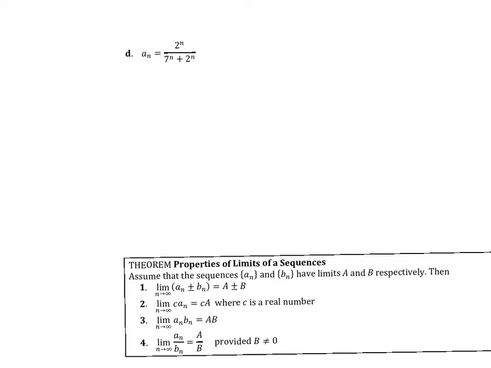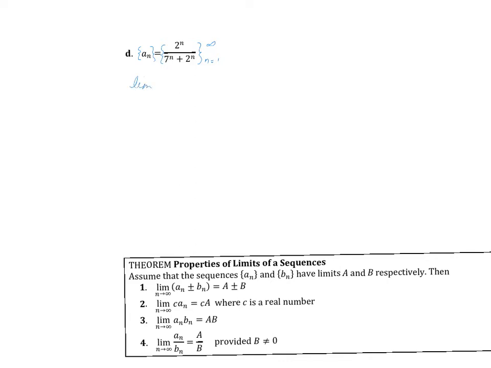Let's do our last example, and then we'll look at some properties. So here we have our sequence. Now remember, if this set notation is not written, we can assume that it's there. And we can assume we're starting with 1 going to infinity if it's not written.